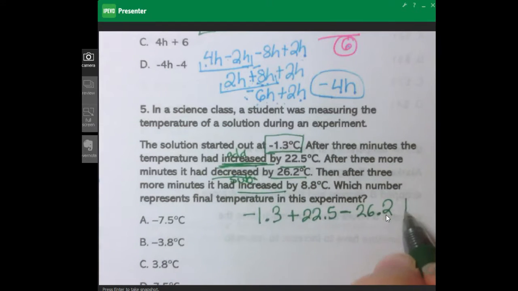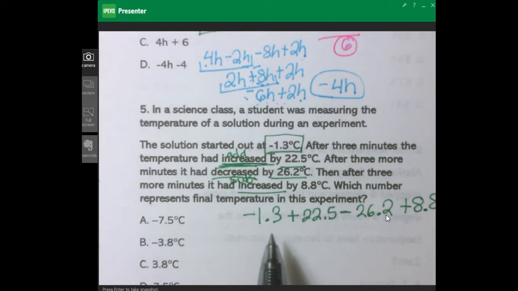We're going to add 8.8. Now we're going to use all of our knowledge to add or subtract these numbers. So following our order of operations, all we have here is addition and subtraction. So we're just going to go left to right, depending on what comes first.